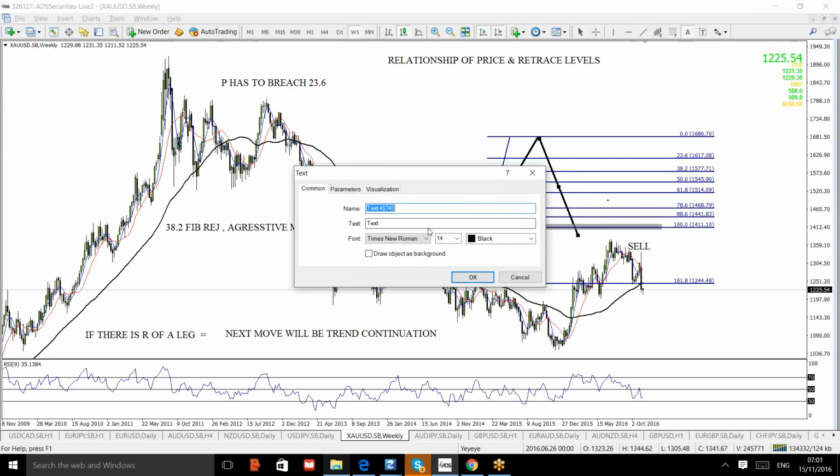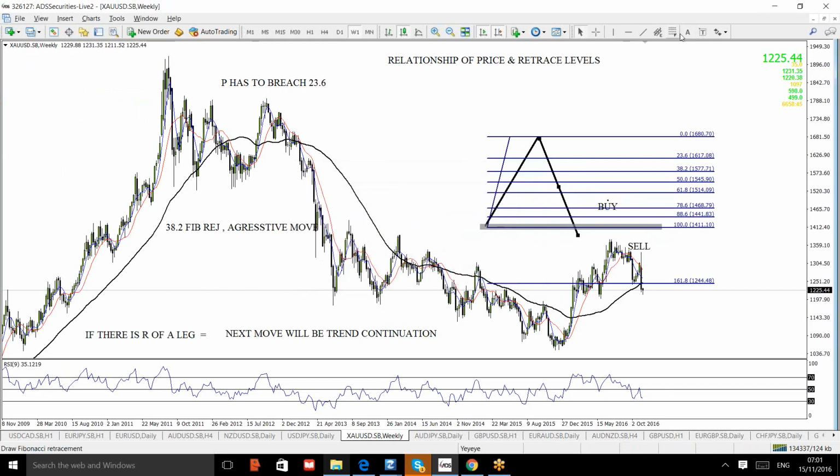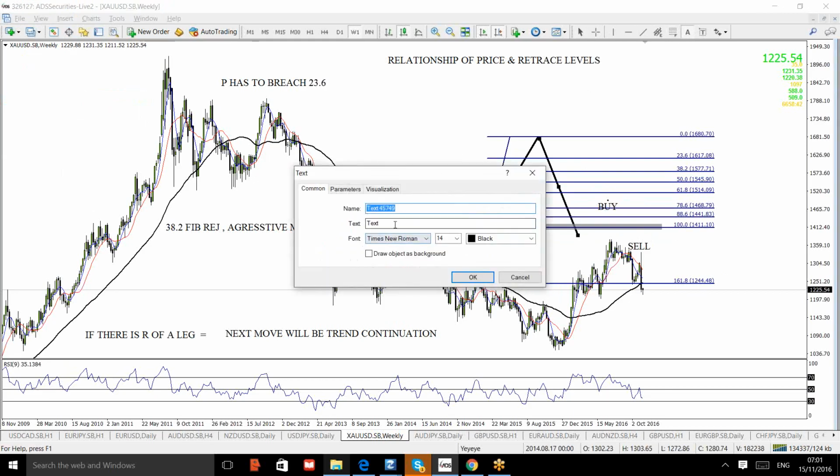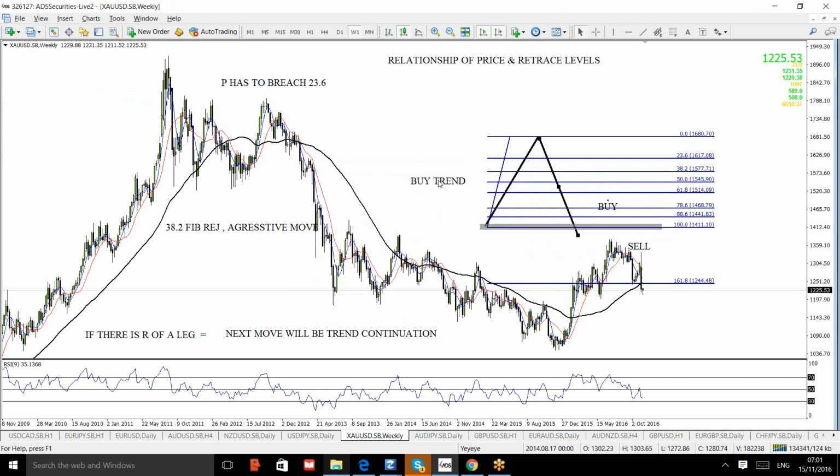Say our trend was a buy trend. Do you understand the zones, guys? You can use the Fibonacci retracement tool to stay within the trend and trade the trend. And you will know exactly where to exit your trade, based on where exactly the trend changes. Make sense? If it makes sense, say yes, guys.